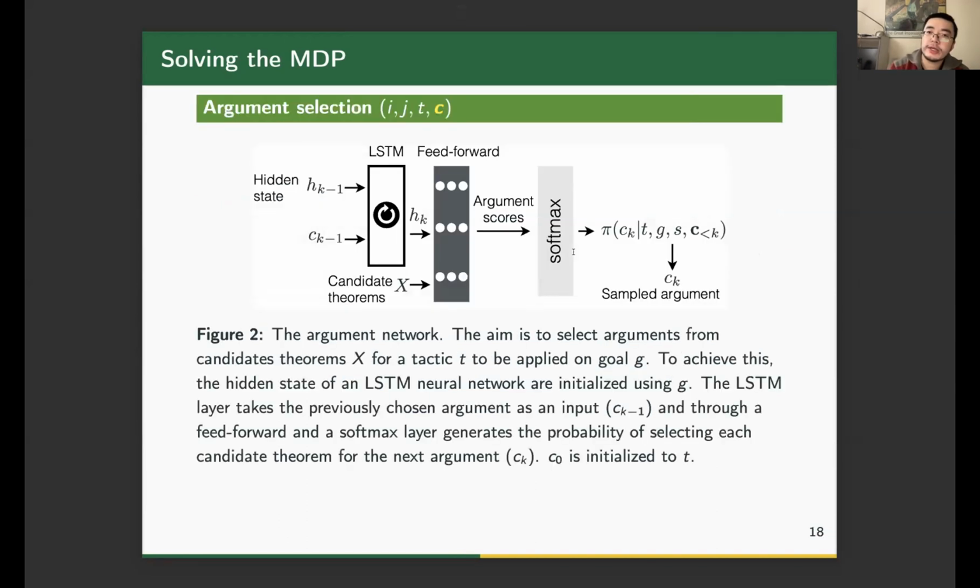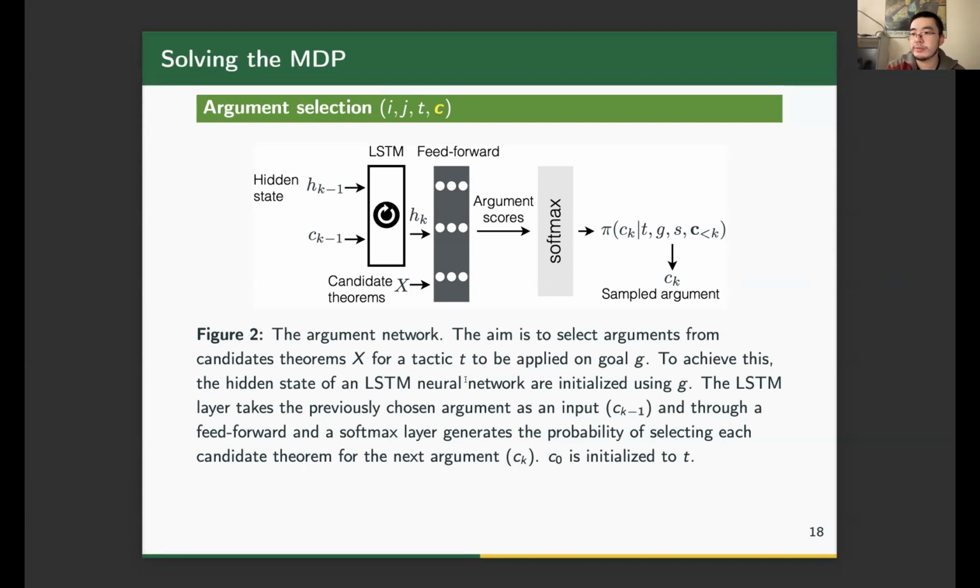Once we've chosen a tactic, we select the arguments. You don't need to know the details, but we just need to know that it computes a bunch of probabilities of choosing each argument depending on the previously chosen goal, the previously chosen tactic, and the previously chosen arguments. So it can take not only one argument, but a list of arguments, right?